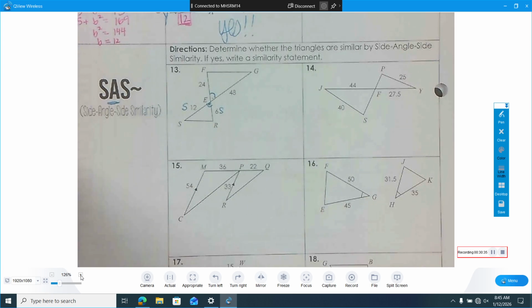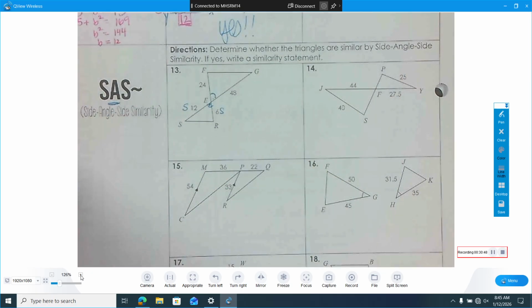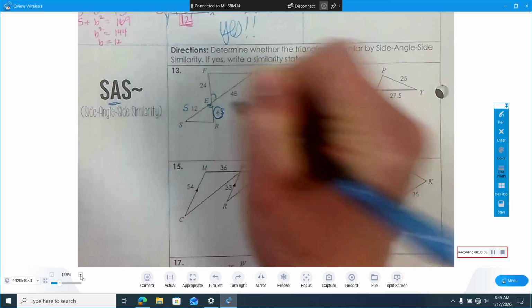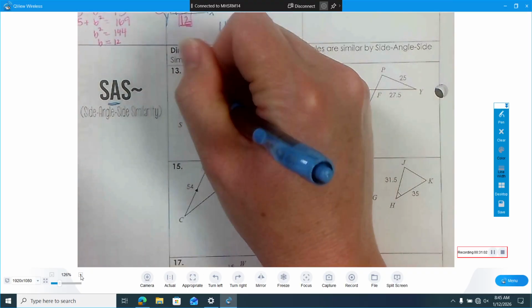How do we need to set up our proportion here? Because these triangles are a little bit screwy. Like, should I write 6 over 48? No. Why can't I do that? So if I start with 6, what side's going to correspond in the other triangle? 24.